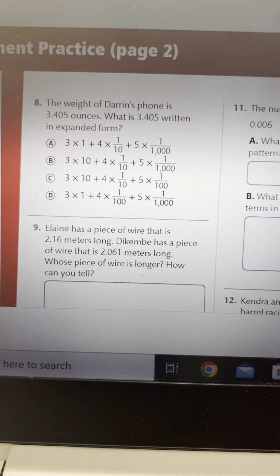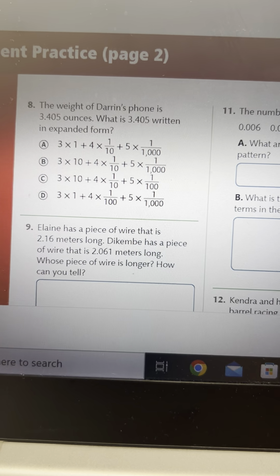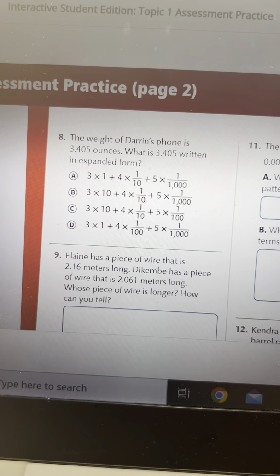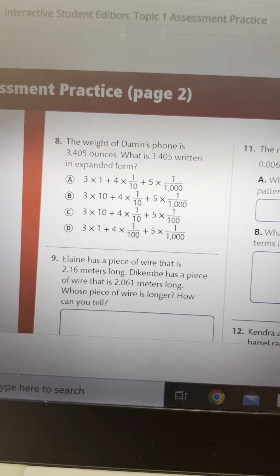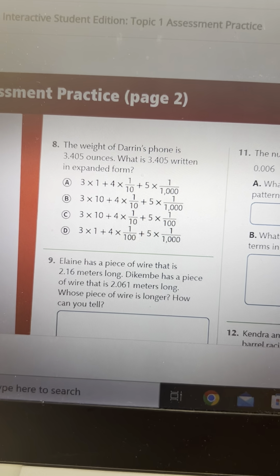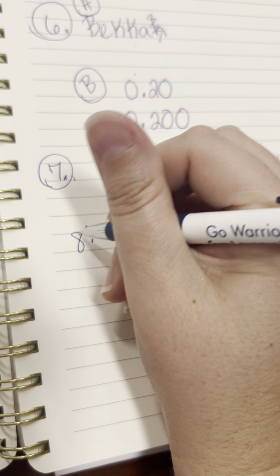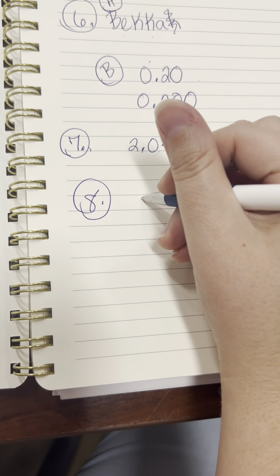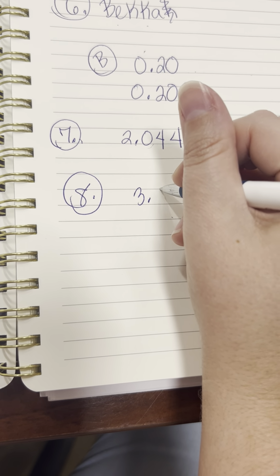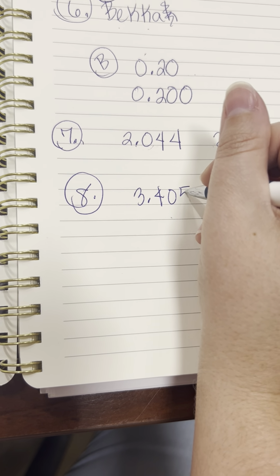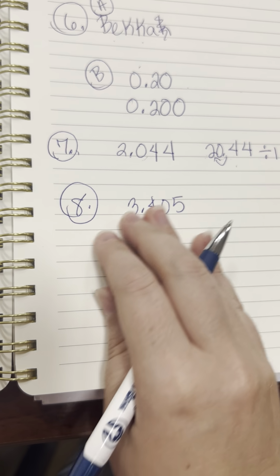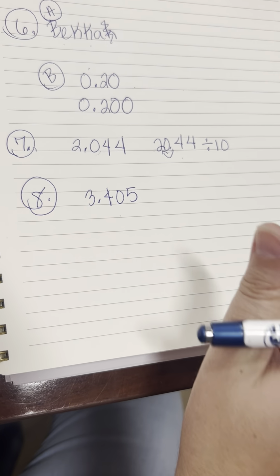Okay, number 8 says the weight of Darren's phone is 3.405 ounces. What is this in expanded form? When we're doing expanded form and we have a whole number, like the ones place, you just write it normal.